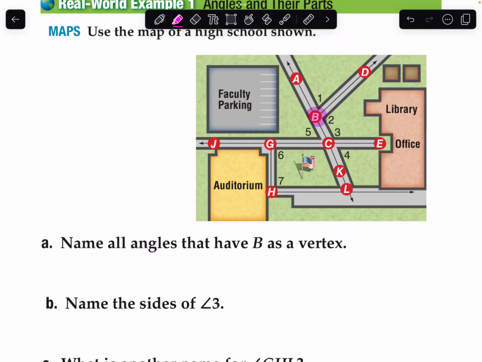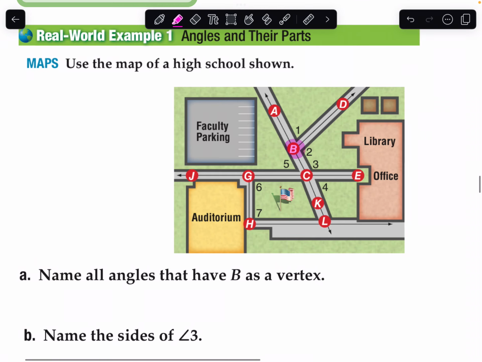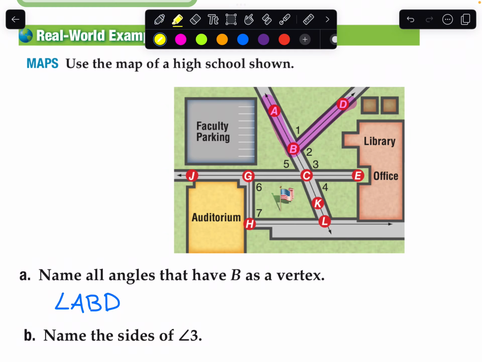Angle B is right here. So I'm going to draw in or highlight in all possible angles connecting to vertex B. So we could do one like that. That would be angle ABD. We could also do angle ABC, which really would be a straight angle. We could do DBC.